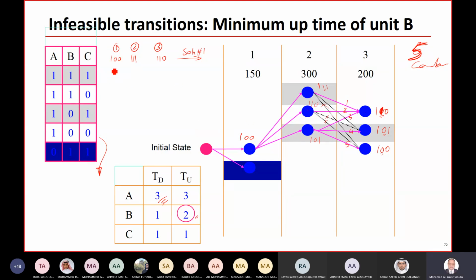Second solution could be 1, 0, 0, and you go to 1, 1, 0, and then you go to 1, 1, 0 again. Solution number 2. Third solution is 1, 0, 0, 1, 0, 1. And from 1, 0, 1, you can go either this way to 1, 1, 0, or this way 1, 0, 1, or this way 1, 0, 0.